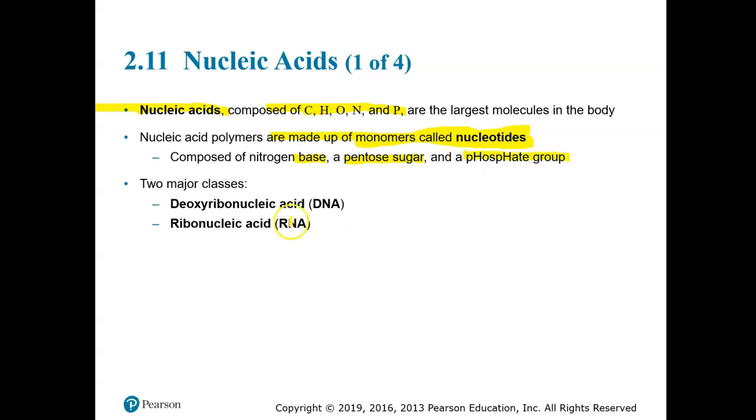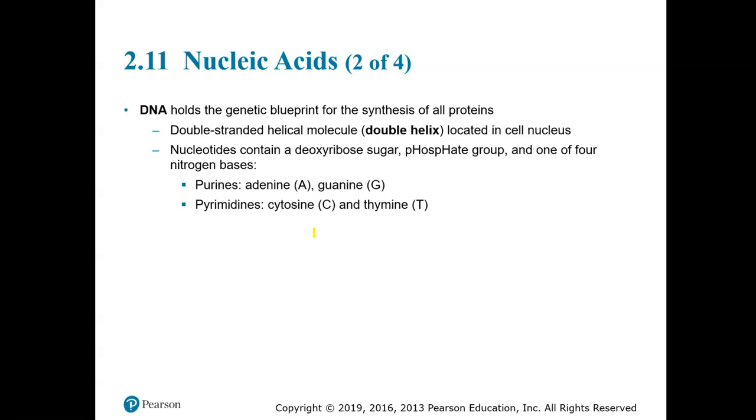The 2 classes of nucleic acids are DNA and RNA. RNA is ribonucleic acid, DNA is deoxyribonucleic acid. DNA forms a double helix shape. That means it is a twisted ladder. It contains a deoxyribose sugar, phosphate group, and one of 4 bases.